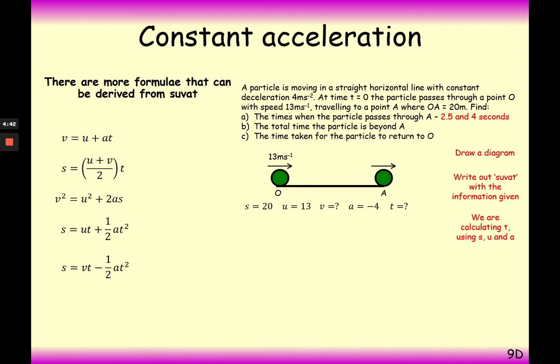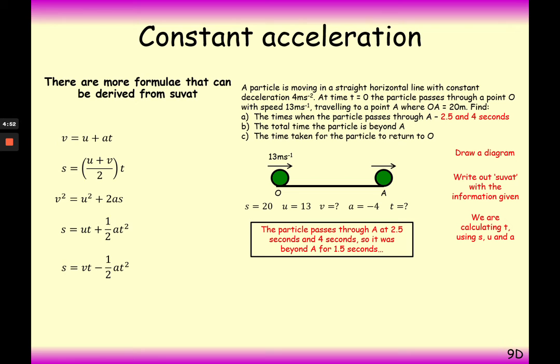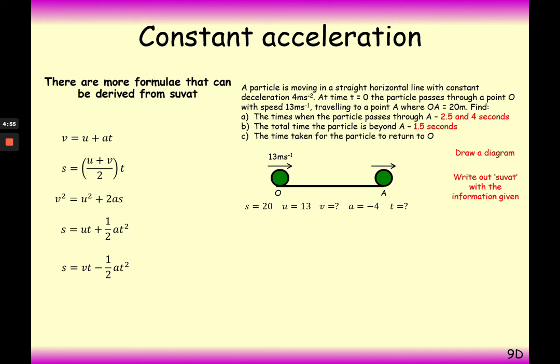And for part B, we're looking for the total time that the particle is beyond A. If it crosses it at 2.5 seconds and then comes back at 4 seconds, we just subtract one from the other, so it's 1.5 seconds. Then if we're trying to work out the time taken to return to O, the displacement at that point is 0, because it's ended up back where it started from. So we know s is 0, u is 13, a is -4, and we're trying to find the time.